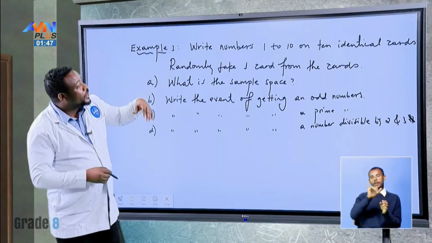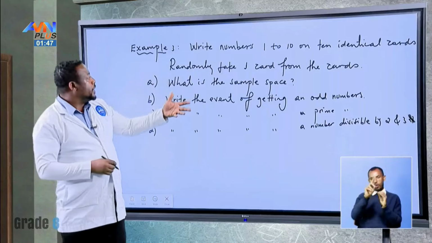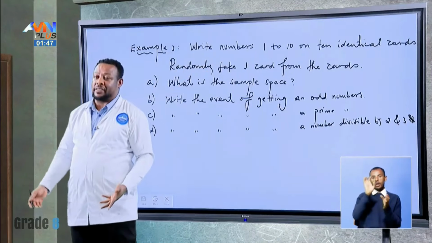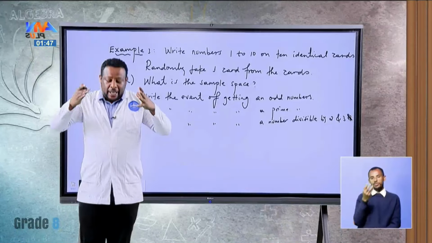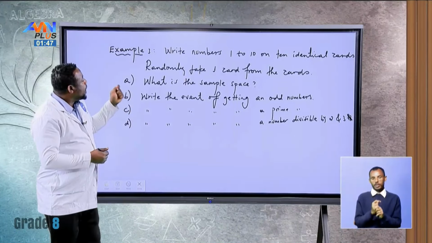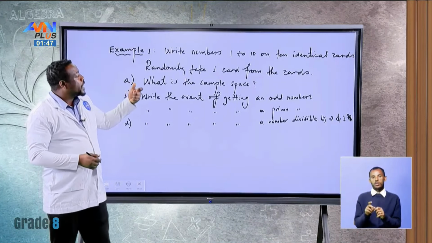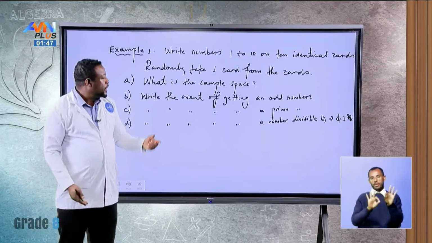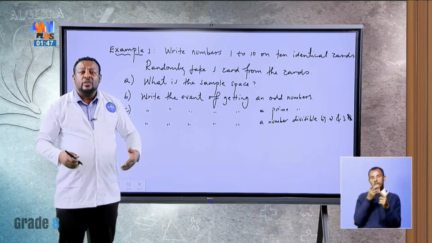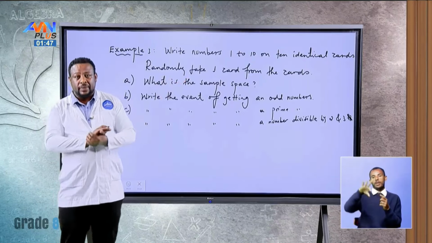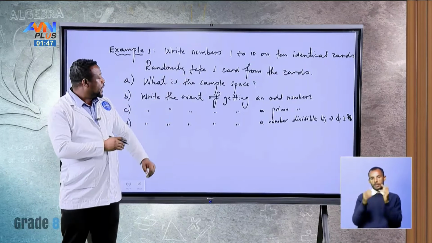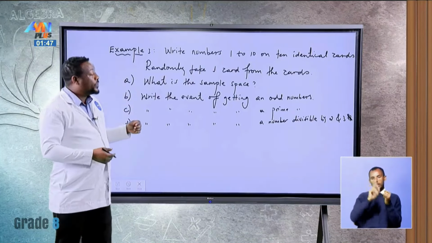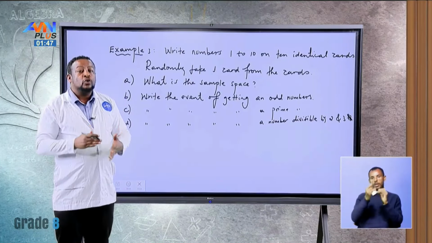After writing the numbers 1 up to 10, we are asked to randomly take one card from the cards, right? So in this activity, we are asked to describe the sample space. The second one is, what is the event of getting an odd number? The third, the event of getting a prime number. And the last one is the event of getting a number divisible by 2 and 3.